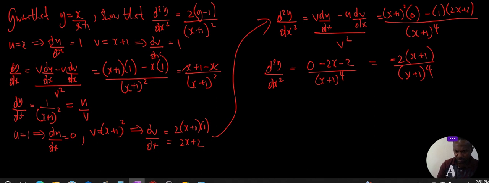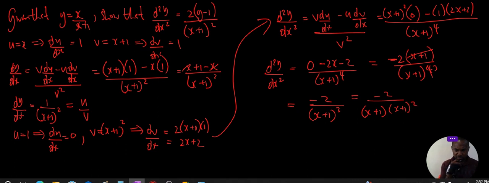basically we can simplify this. We can simplify this a little. So this is going to give us minus 2 over x plus 1 cubed. Because of course x plus 1 will go into x plus 1 to the 4th, leaving x plus 1 cubed. Now we can also write this as minus 2 over x plus 1 times x plus 1 squared.